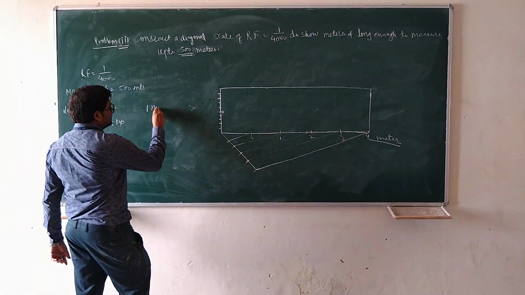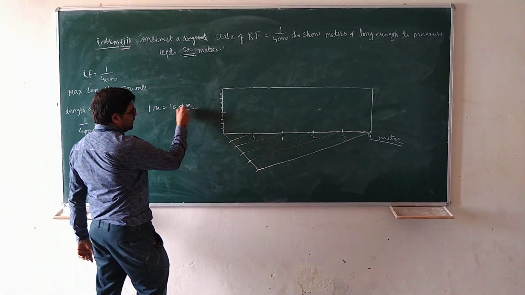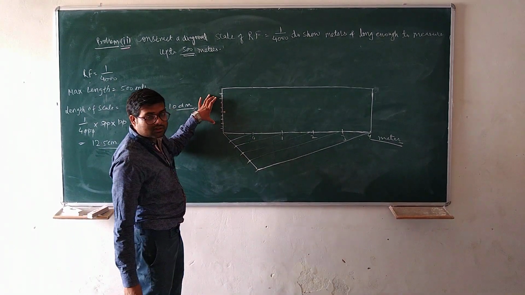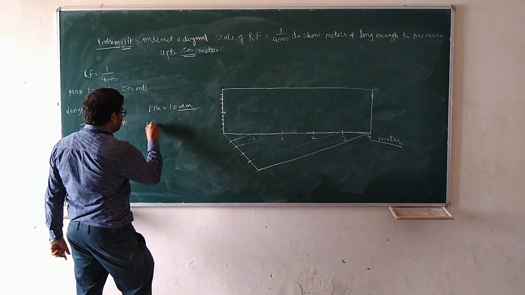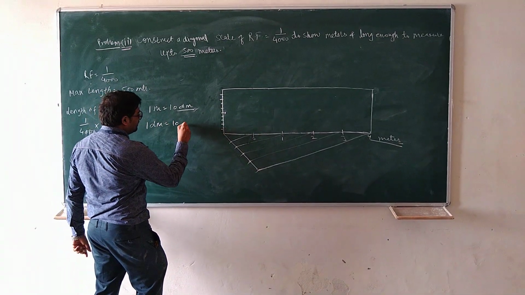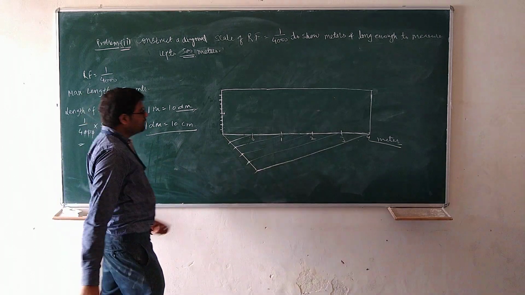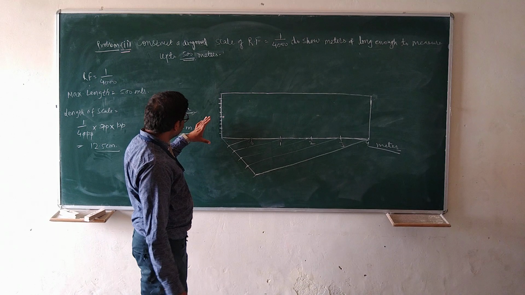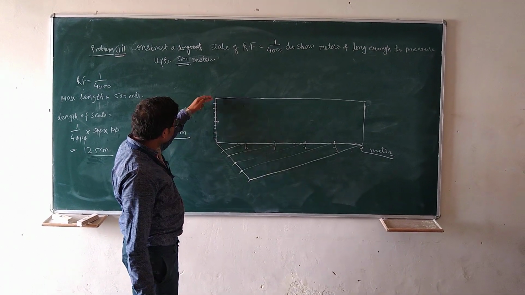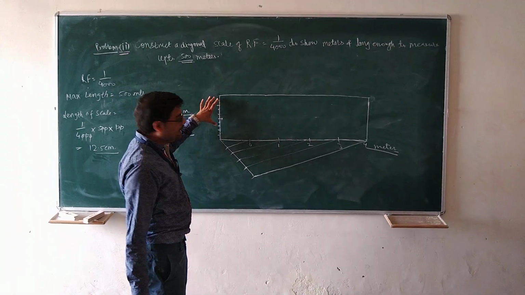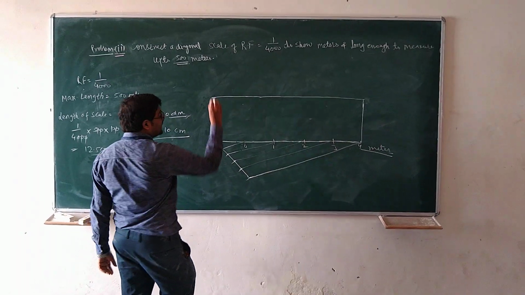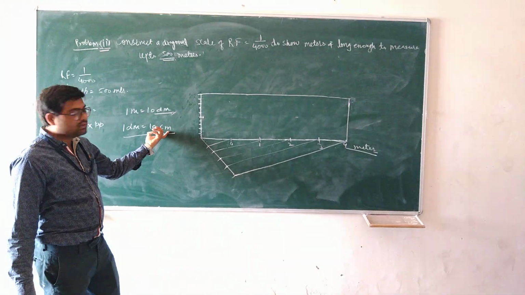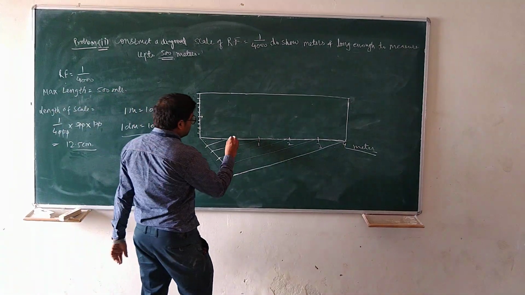Because 1 meter is equal to 10 decimeter, and this part will show the decimeter part, and this part will show the centimeter part, and 1 decimeter is equal to 10 centimeters. So we have to divide the first part into 10 equal parts. So we can draw this line to the 5 centimeter and divide it into 10 parts, because this is the third part and it will also be divided into 10 parts.